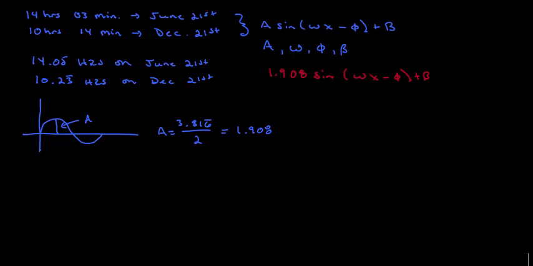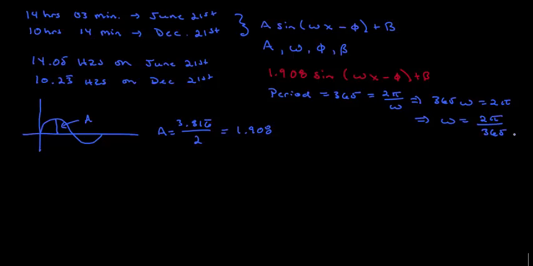Okay, we're given that the period, the length of a year, we already said was 365, and we know that that is equal to 2 pi over omega. So to solve for omega, we'll get 365 omega is equal to 2 pi, or in other words, omega is equal to 2 pi over 365. So now I've got two of the pieces.